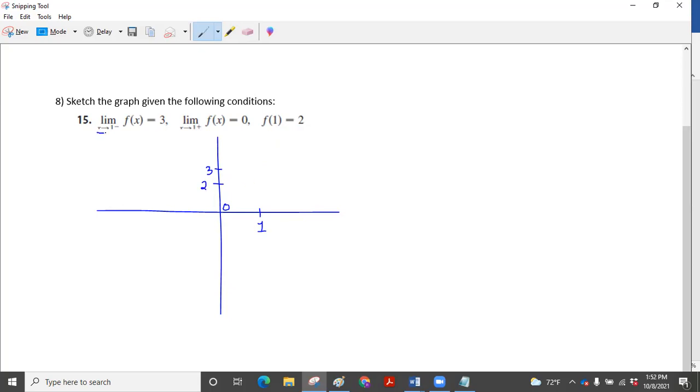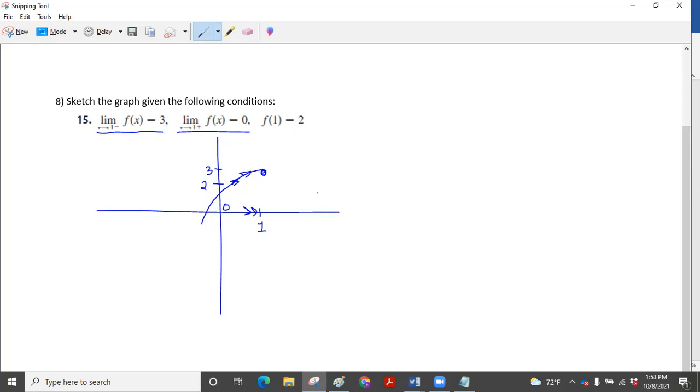So the limit as x approaches 1 from the left is 3. If I'm coming from the left, we know that I should be approaching 3, right? So as I'm coming from the left and I'm approaching 1, I should approach this value of 3 here. And then the limit as x approaches 1 from the right is 0. So if I'm approaching from the right, the y value should be 0, right?